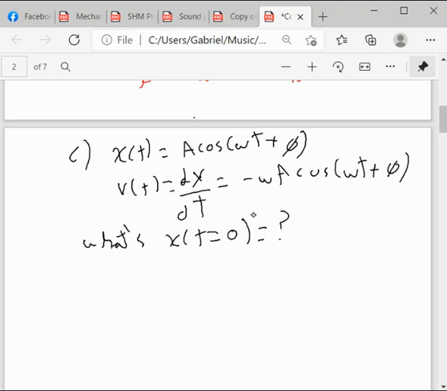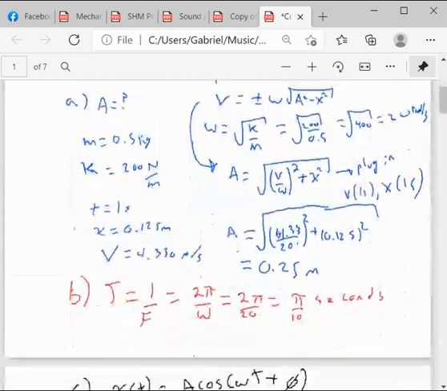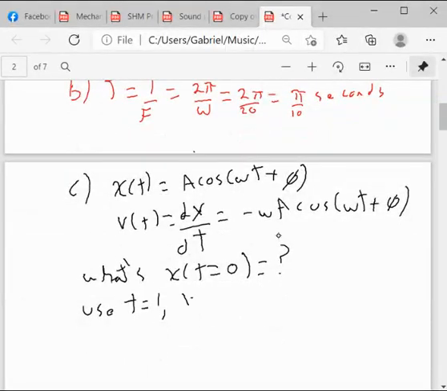So we know that at t is equal to 1, we'll have a position of 0.125. If that's true, then the formula at t is equal to 1 looks like this.